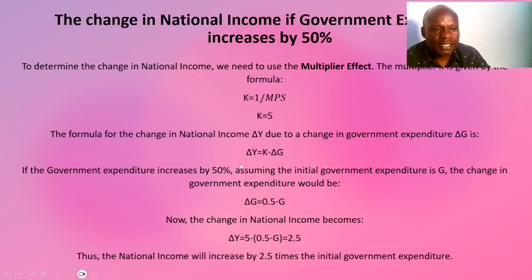But we should remember that if government expenditure increases by 50%, then we assume the initial government expenditure was G, which is already implied here. Then the change in government expenditure, delta G, would be 0.5 of G.